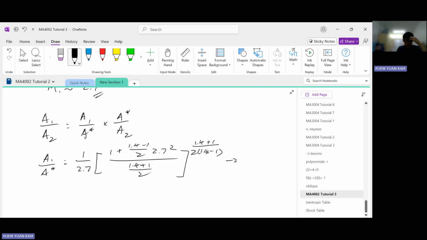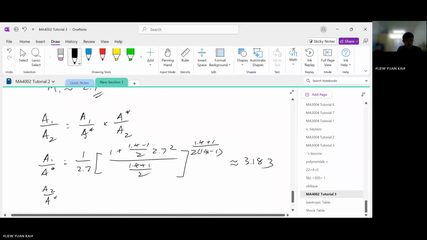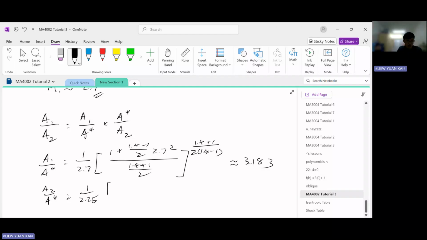Okay, so you will find that the first area ratio will be about 3.183. Now, let's find A2 over A star. Remember, the Mach number at point 2 is 2.25. This is what we found earlier.